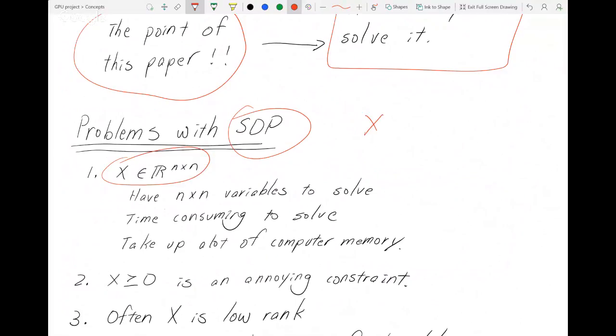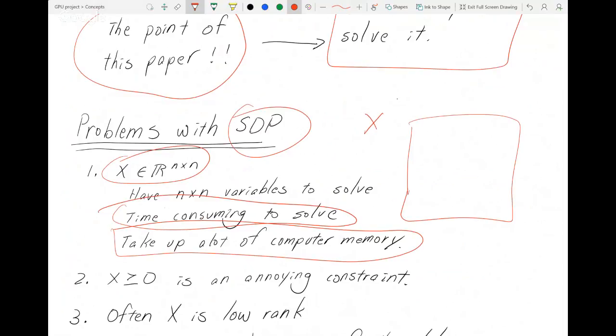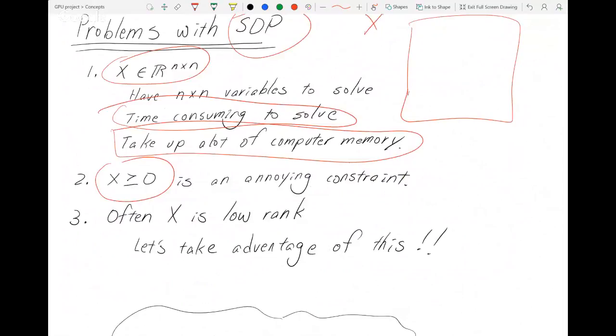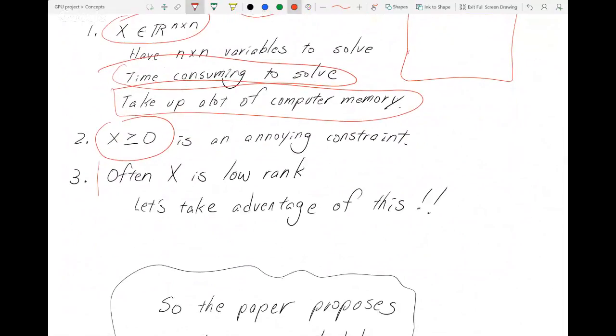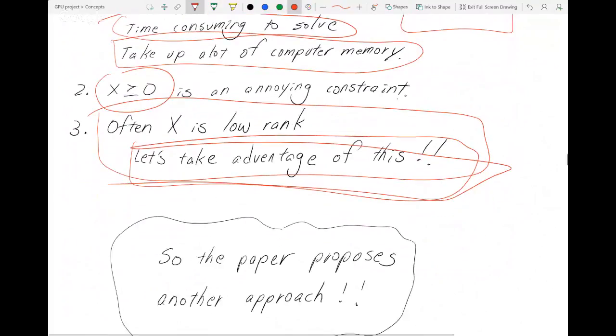It could get really big, actually, so it's time-consuming to solve, and it takes up a lot of memory because X is a big matrix. Also, positive semi-definite is an annoying constraint. Maybe we can get rid of it. Lastly, very often X is a low-rank matrix. So maybe it's a better idea to take advantage of this fact.